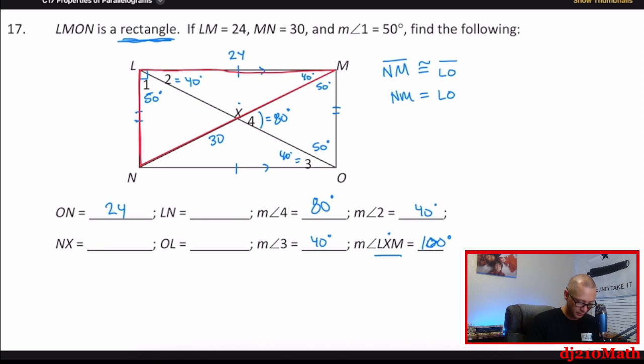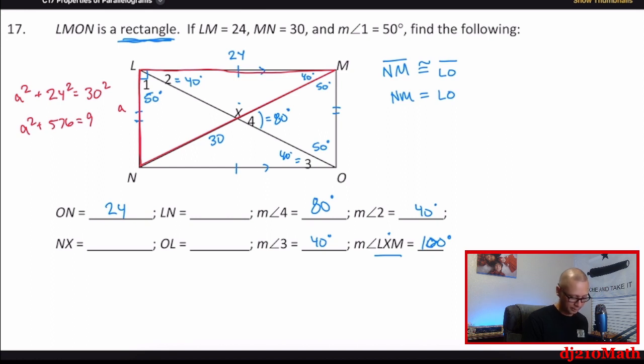So if we call this little a, a squared plus b squared is equal to c squared. Now, chances are this is a Pythagorean triple. I don't have those memorized, so I'm just going to do the math. So 24 squared is 576. So a squared plus 576 is equal to 30 squared.